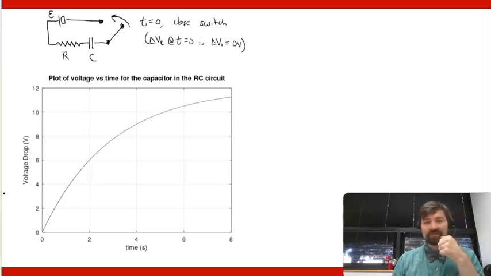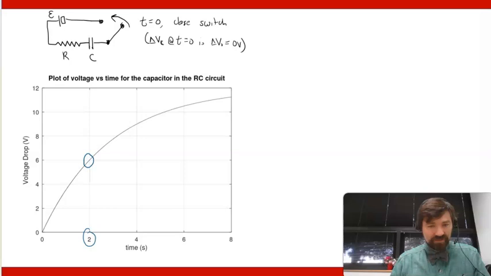So if I'm charging to 12, then my half-life would be right here at 6 volts. So 6 volts, this would be 2 seconds. I expect this to be my half-life since I expect to be asymptotic at 12.